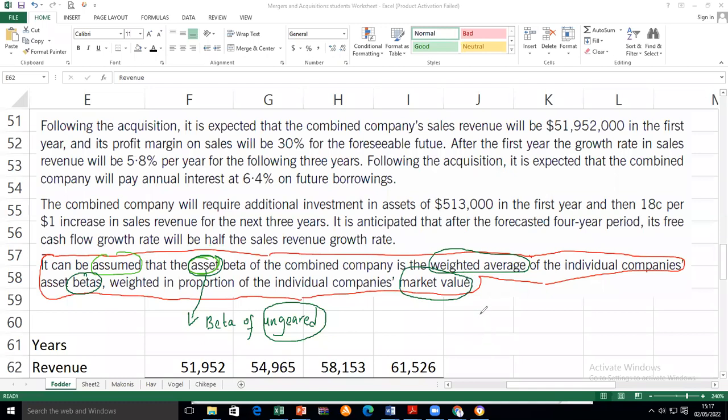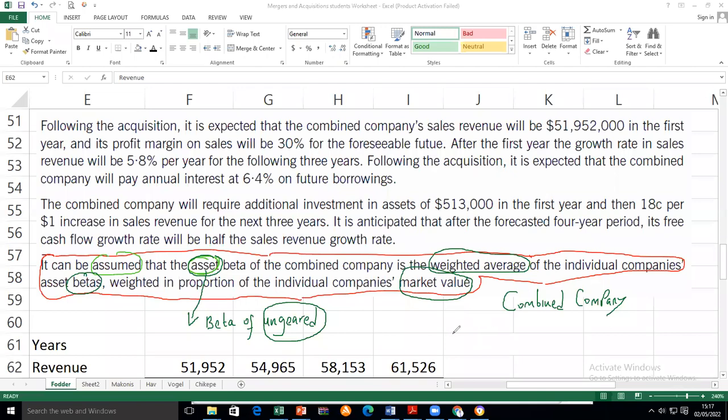So what are they talking about here? We're now looking at a combined company. We want to find the beta for the combined company. That's what we're looking for. So the question says, first of all, you take the beta of the individual companies.